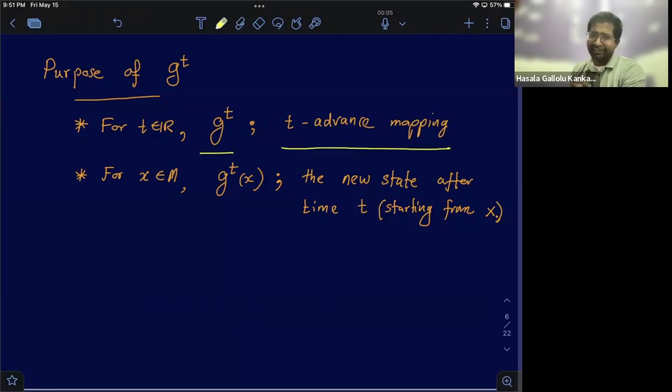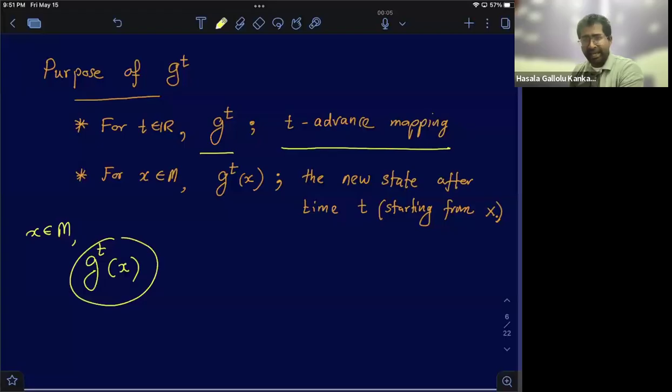T is indicating the time variable, and what the T advanced mapping does is, if you apply GT to any element, GT of X, where X is an element of M, this is going to indicate exactly where it's going to land starting from X. Starting from X means at the beginning it's at X, and then when you apply GT on that element, it has a jump to where it's going to be after T units.